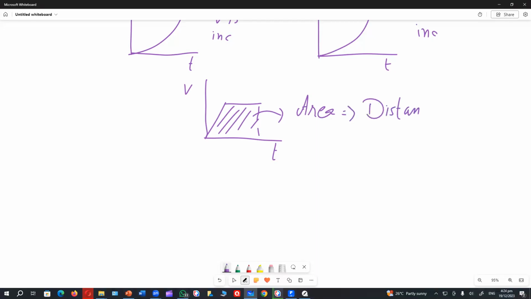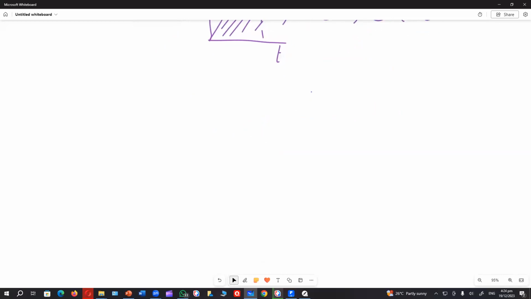Why will area show distance? Because velocity into time is always distance. So these are the important concepts related with kinematics.